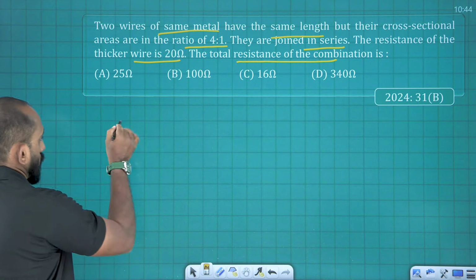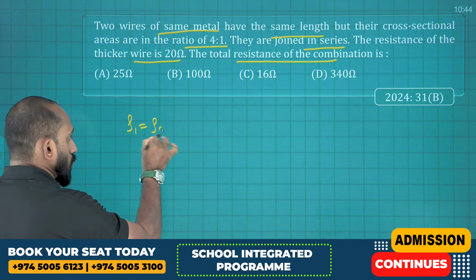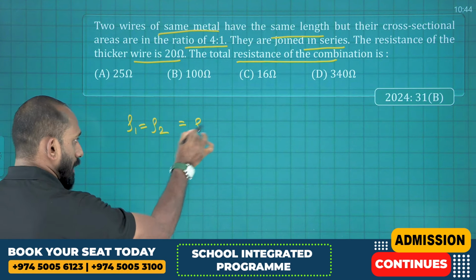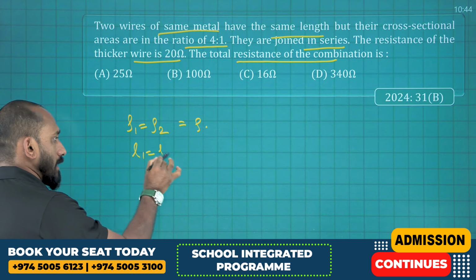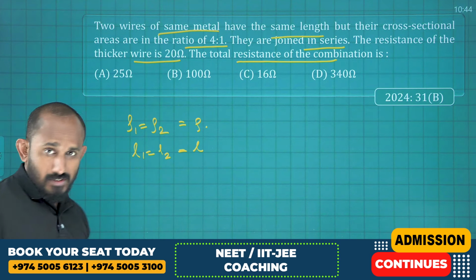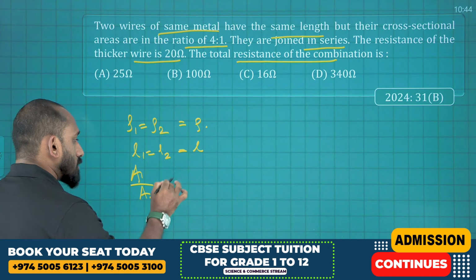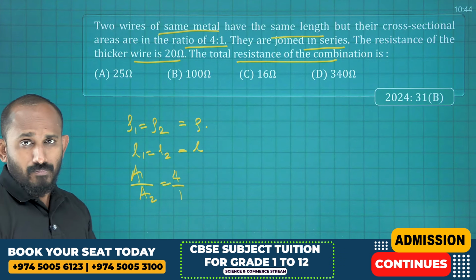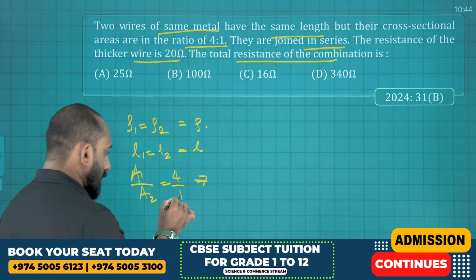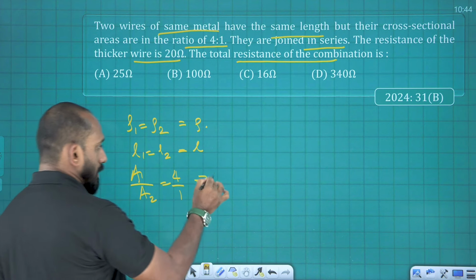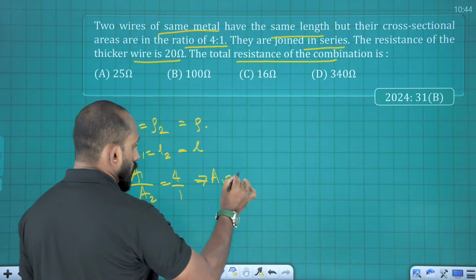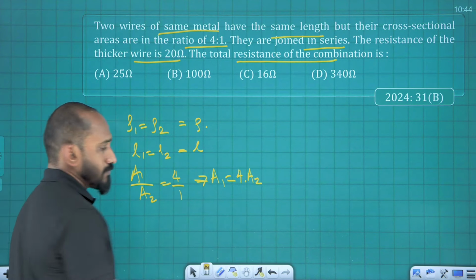So suppose rho 1 is equal to rho 2 is equal to rho, you can write. L1 is equal to L2, equal to L, both are the same. Now A1 by A2 is equal to 4 by 1. So from this equation, A1 is equal to 4 into A2.